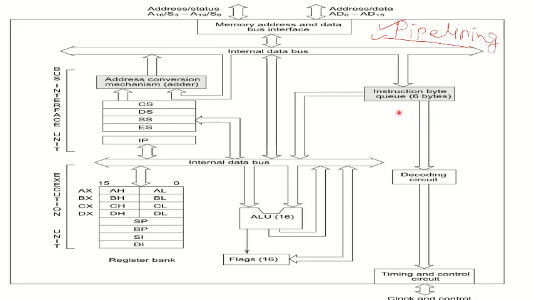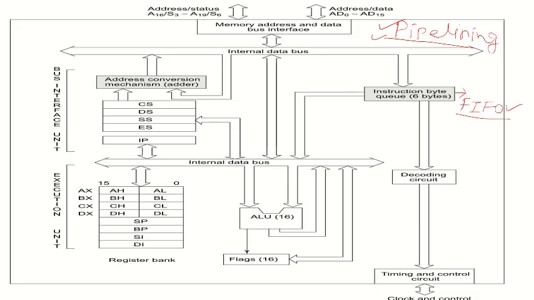The queue is nothing but a group of high speed registers, and a queue follows the principle of first in, first out, like a FIFO. Okay, so this is all about the bus interface unit.